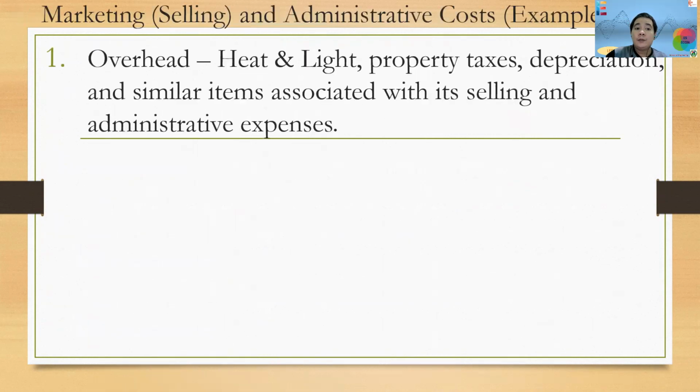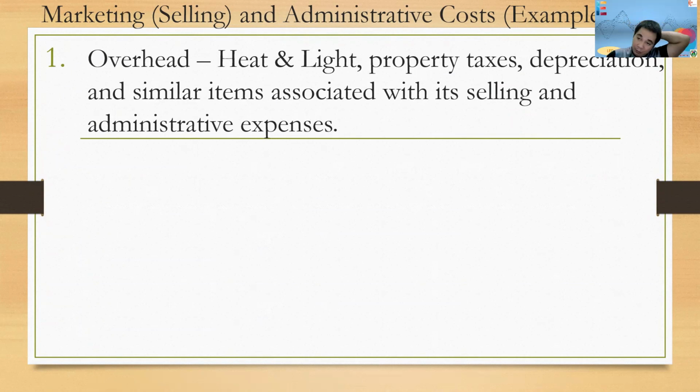So your finished goods or your finished products require shipping or supply chain to have them at the hands of your customer. Overhead or heat and light, property taxes, depreciation, and other similar items associated with selling and administrative expenses.